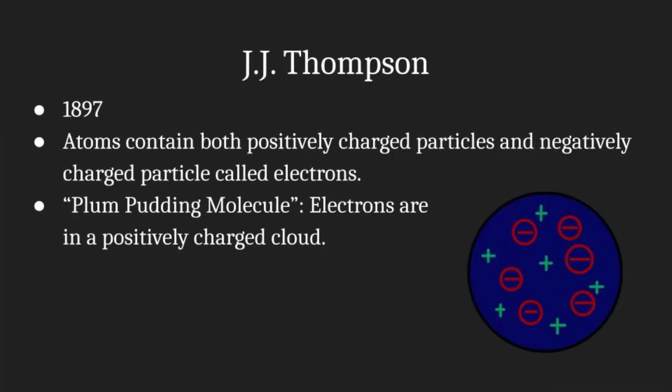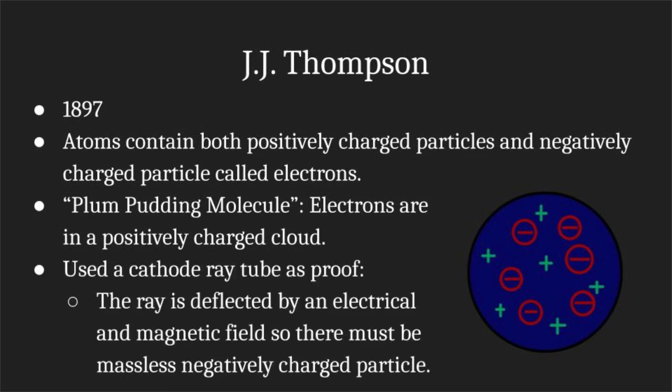The next major development came in 1897 with J.J. Thompson. He concluded that atoms contain both positively charged particles and negatively charged particles he called electrons. He also developed the plum pudding model, where there are electrons represented by my red circles in the diagram in a positively charged cloud, which is that whole blue area.